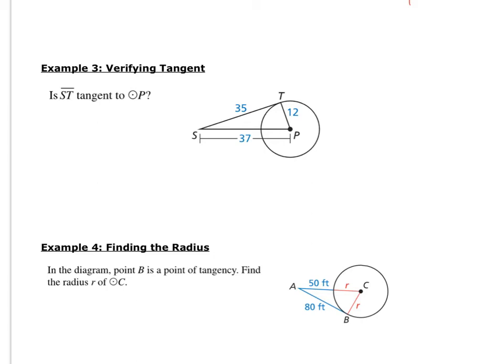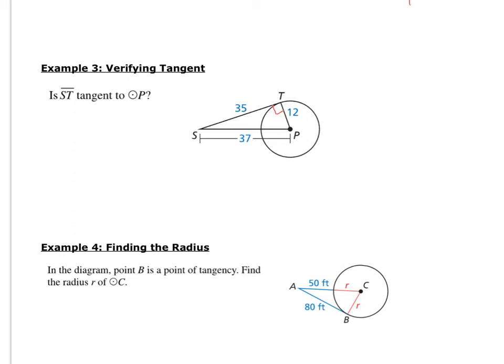It said if it's a tangent line, then at the point of tangency it is perpendicular. In other words, this would have to be making a right angle right there, because isn't TP the radius? It is. That means we have these three side measures of this triangle. If it's a right triangle, that would mean T would be the point of tangency. It would be a tangent line.